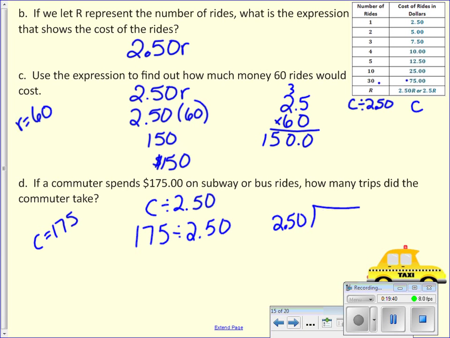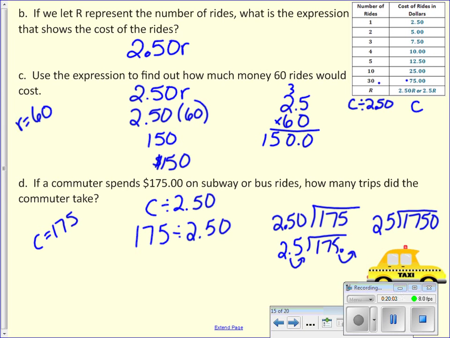I come to my margin. This is where the 2.5 might be easier. I can't have a decimal in my divisor. So 25 into 1,750. If I move the decimal there, I have to move the decimal there.